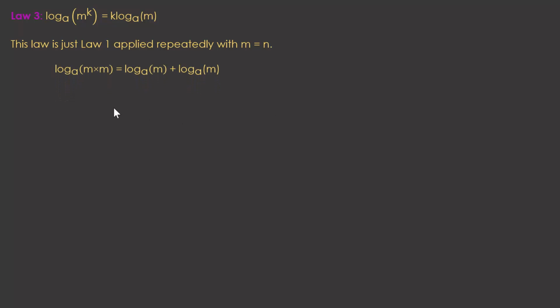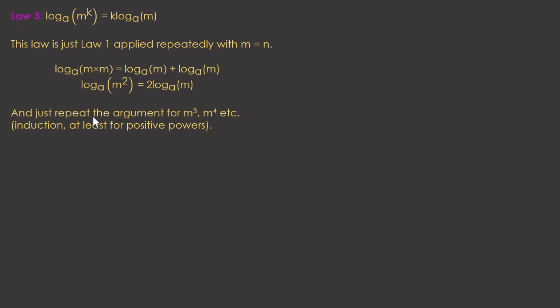Just to show that, if we have log of m times m, that's log m plus log m, which means that log of m squared is 2 log m. And we just repeat this argument for m cubed, m to the 4, etc. Induction, at least for positive powers.